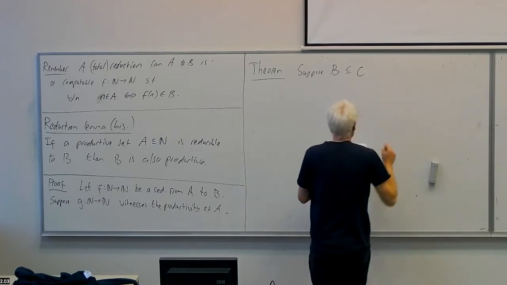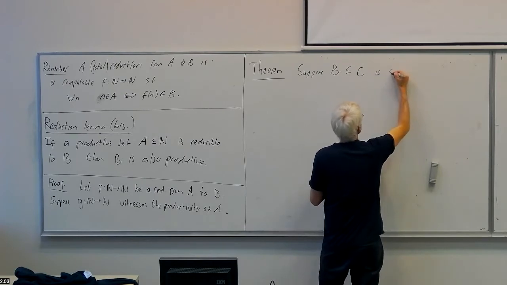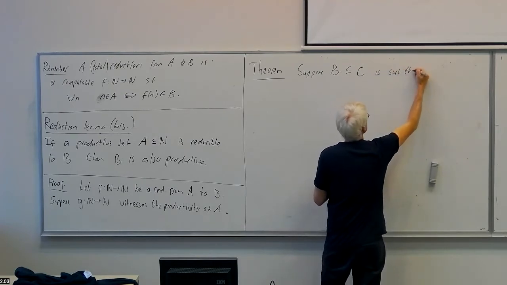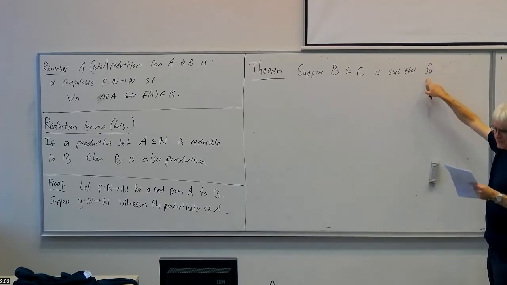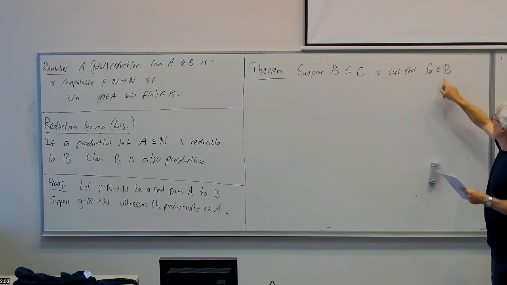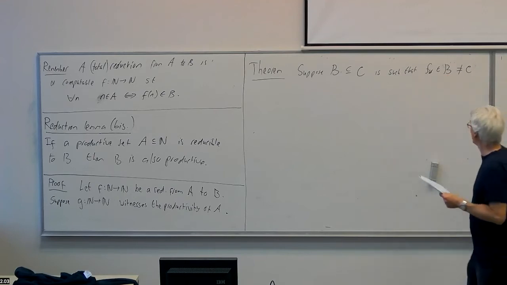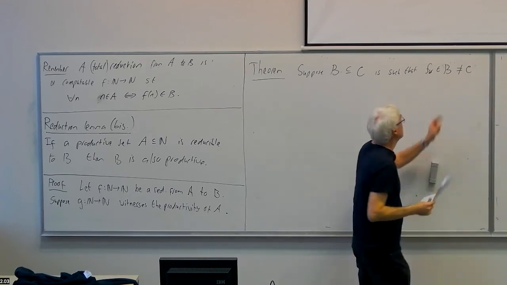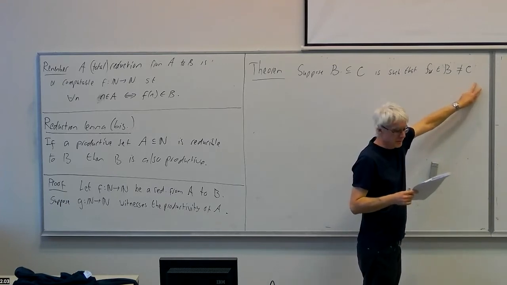Then we're going to have a result that's actually a little bit stronger. So suppose that the everywhere undefined partial function belongs to B. So B is non-empty, but it particularly contains the everywhere undefined partial function, and B is not the set of all computable functions.